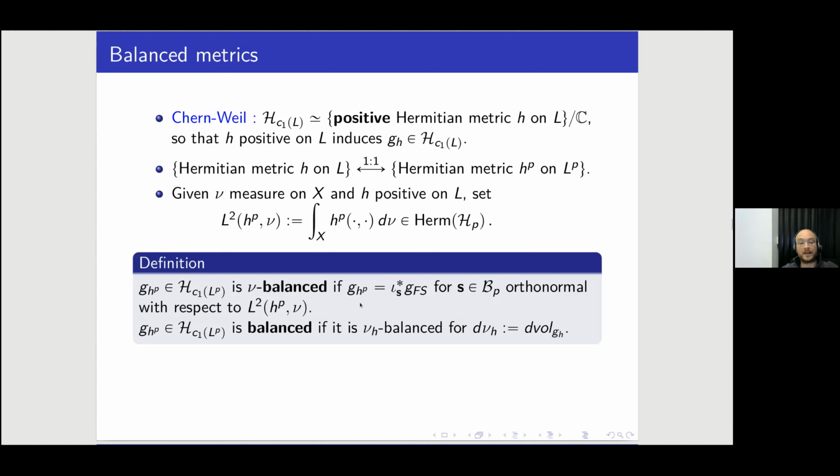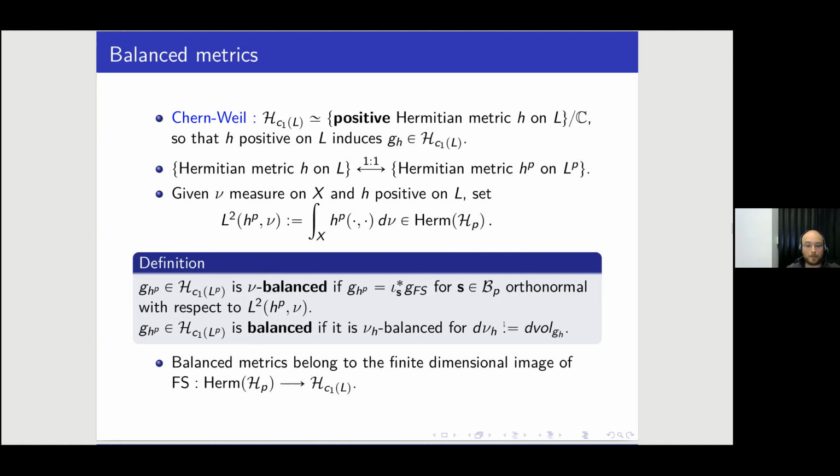There is also the notion of balanced, which is nu-balanced for the most obvious measure you could consider, which is the volume form induced by GH, the so-called Liouville volume form, which is also the symplectic volume form of X. Okay? And now the point here, of course, is that balanced metrics belong to the finite dimensional image of the Fubini-Study map, right?